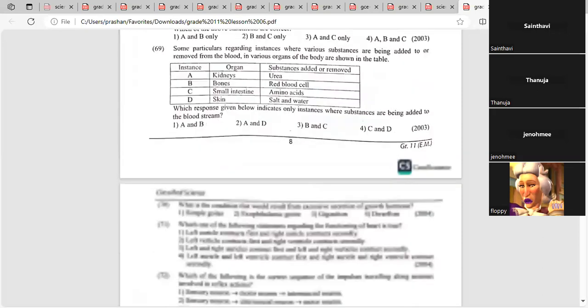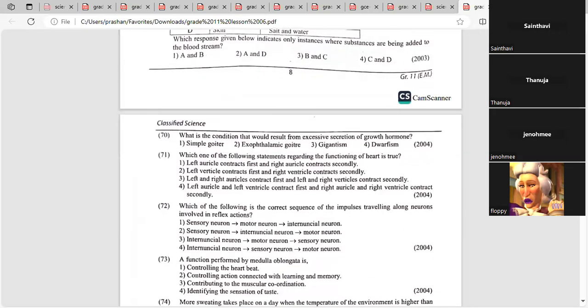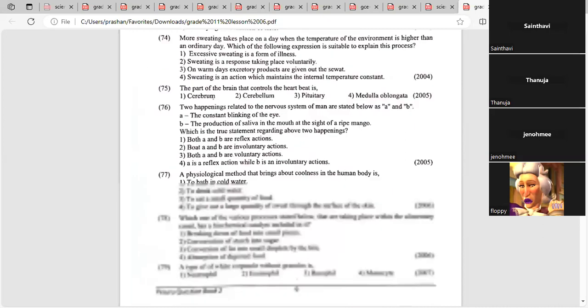In this paper, there are questions from 1982. I will give you this paper after this class, so you can answer those questions as well for your practice. But the important thing is we have to discuss after 2016. Therefore, let's start from 2016 today.